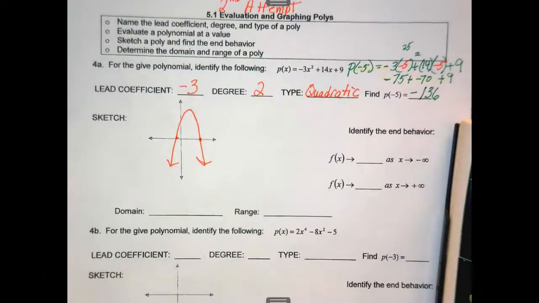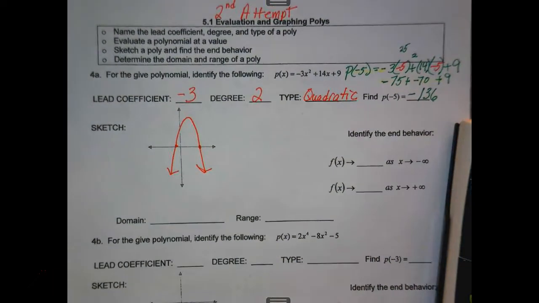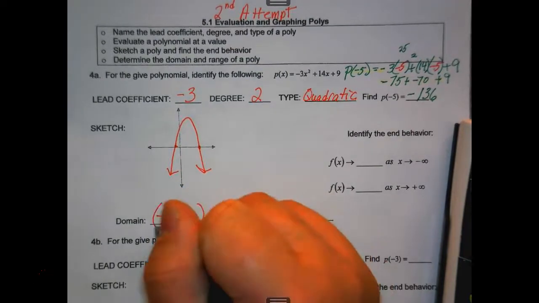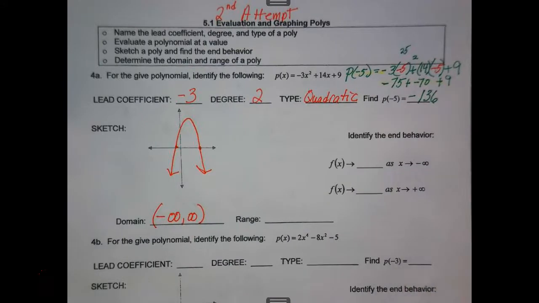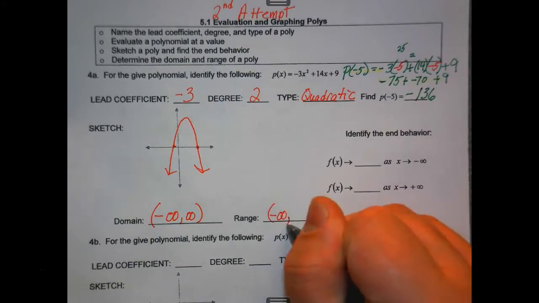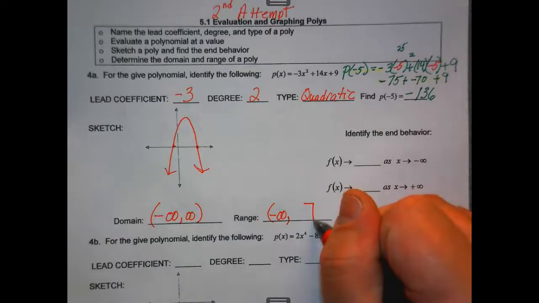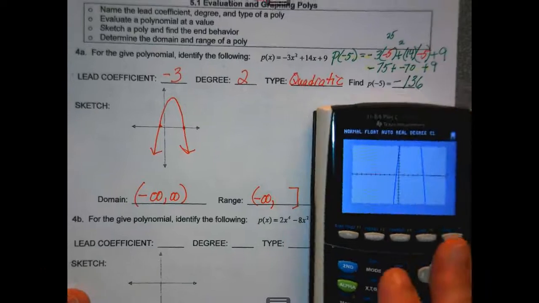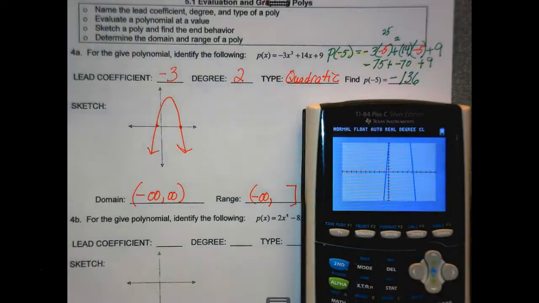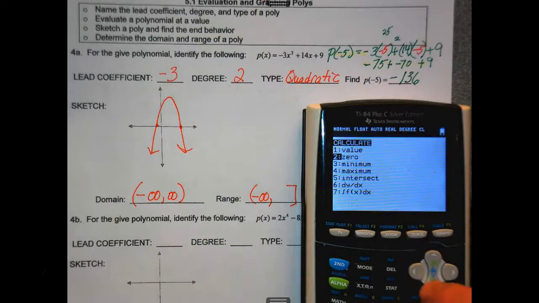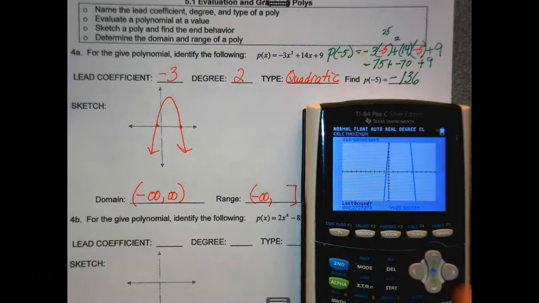Okay, what's my domain for all parabolas in this course? Negative to positive infinity. My range, what's my smallest number? Negative infinity. And where's my maximum? Whatever that value is. How do I find it? Second trace, maximum.